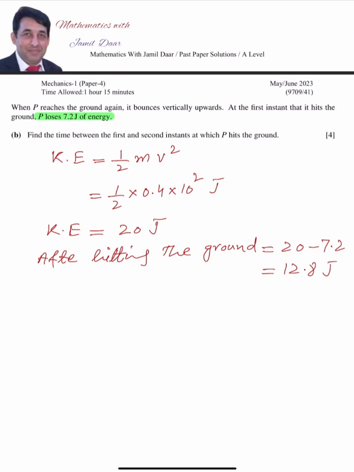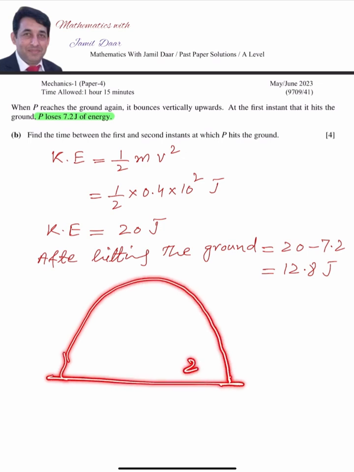And now it will project with 12.8 joules. It will bounce with the energy 12.8 joules. So we'll check what would be the initial velocity. When it hits the ground with 20 joules, and now it bounces with 12.8 joules, we'll find out at this time what is the initial velocity.